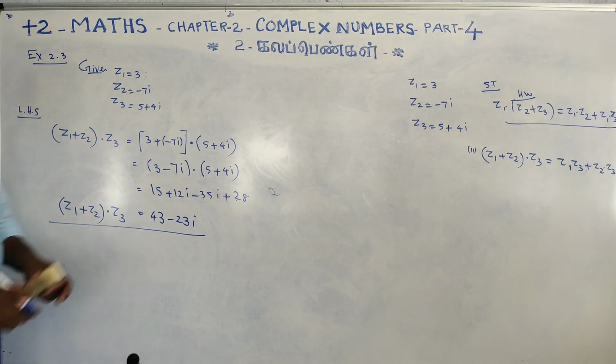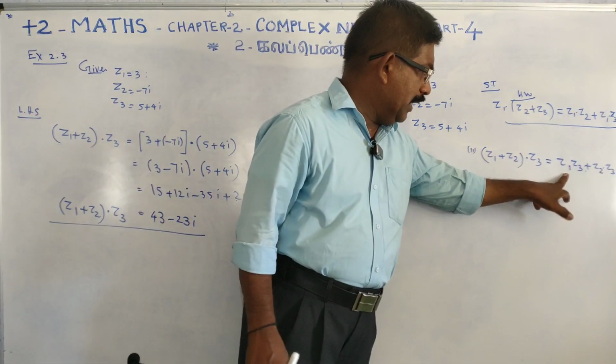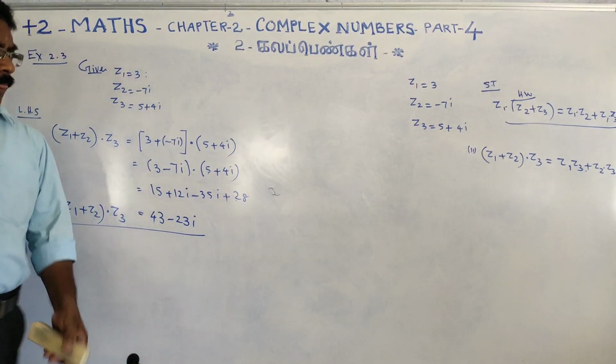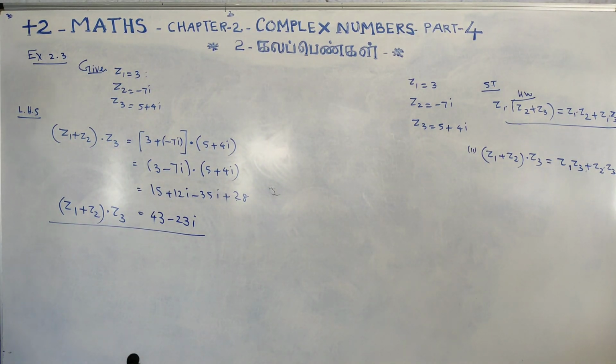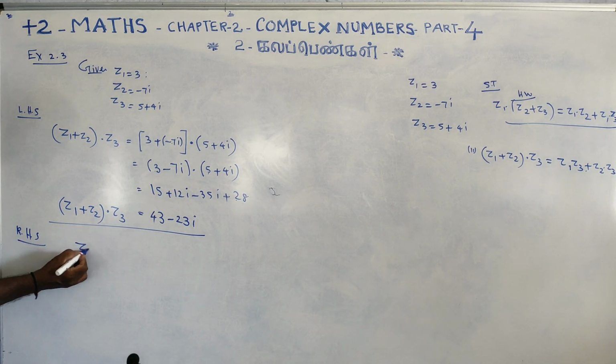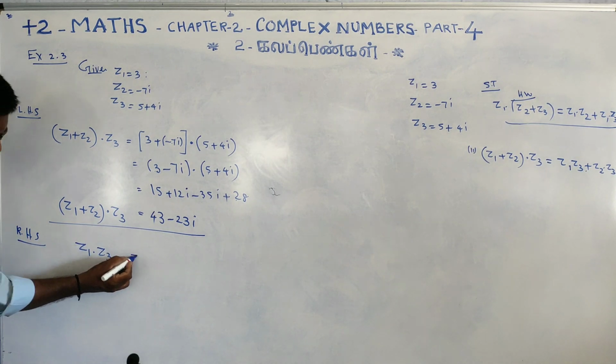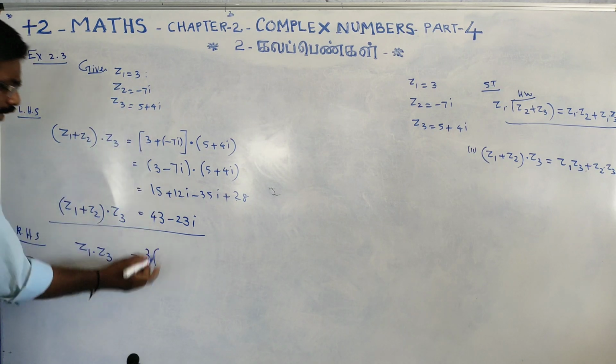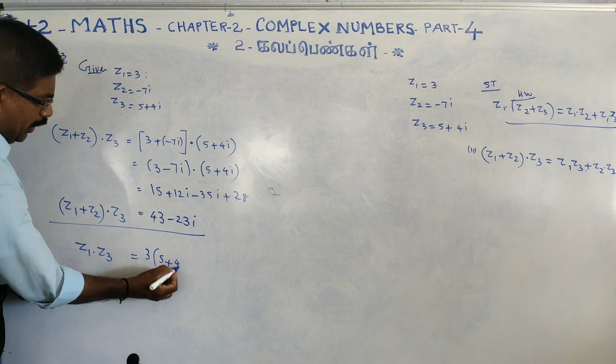Okay, then we have to find Z1 into Z3, then Z2 into Z3. Okay, Z1 into Z3, right hand side, RHS. What is Z1? 3. Z3 means 5 plus 4i.